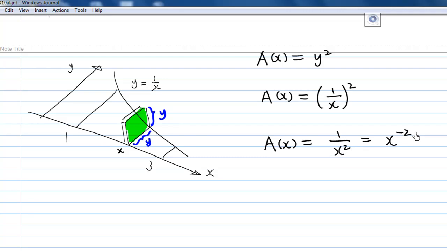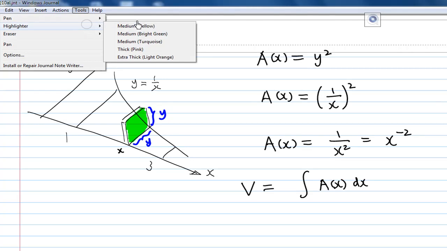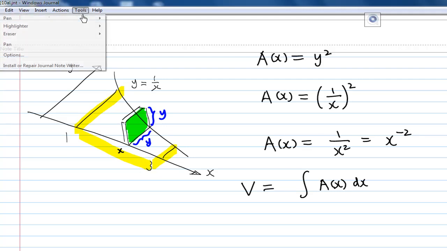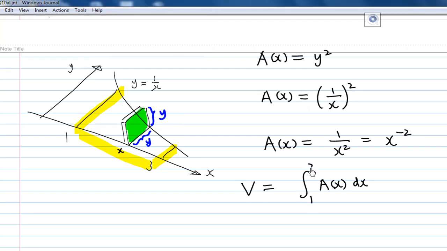After we have found the cross-section area, the volume is the integral of A(x) dx. Our value of x goes from x equal to 1 to x equal to 3. So you integrate from x equal to 1 to 3.